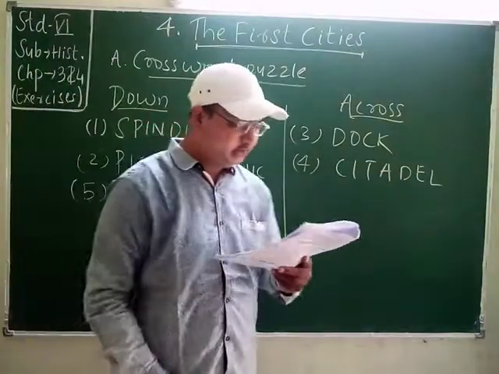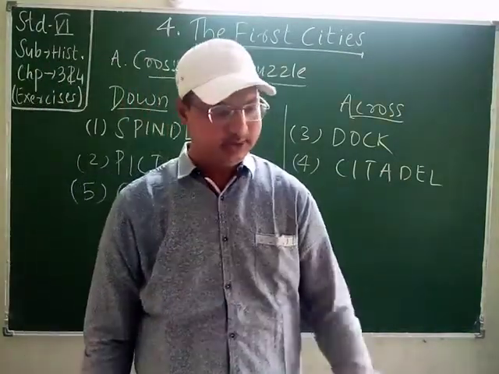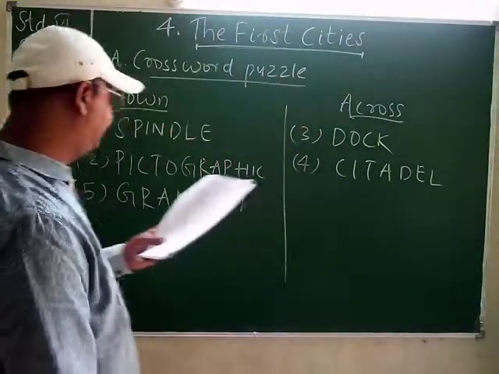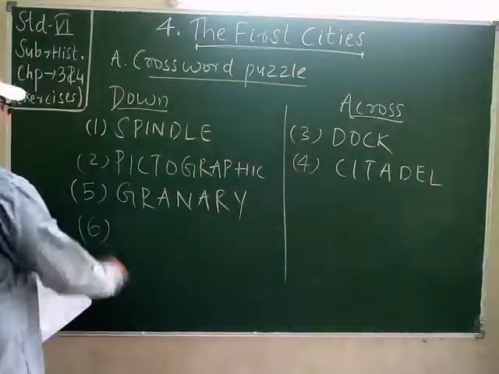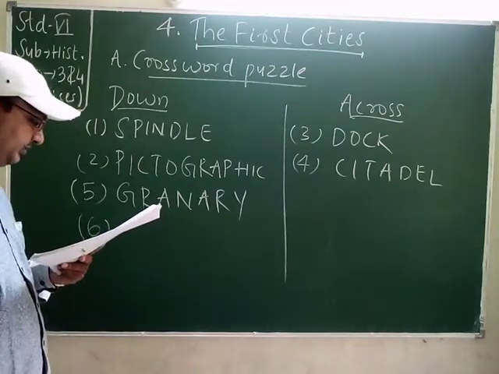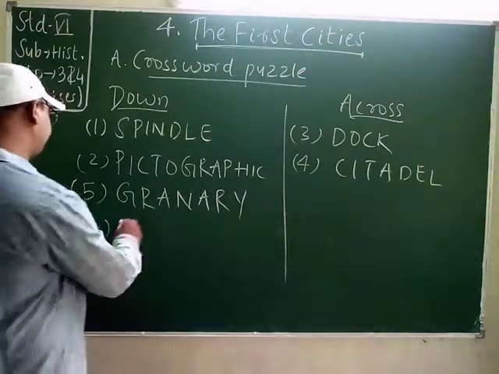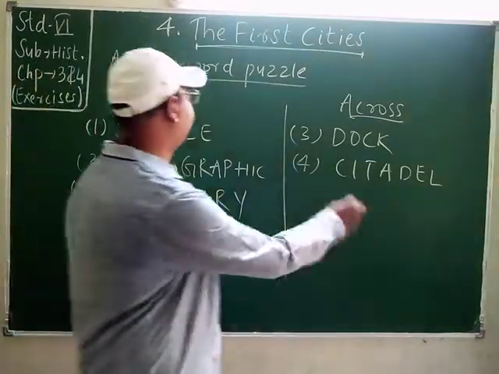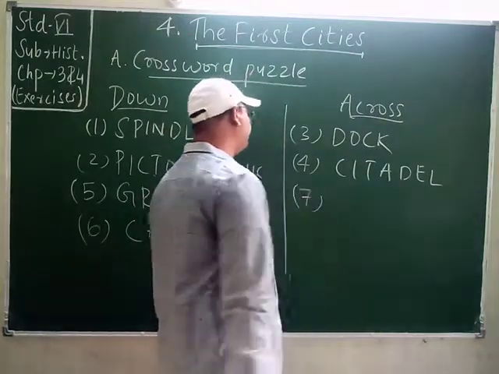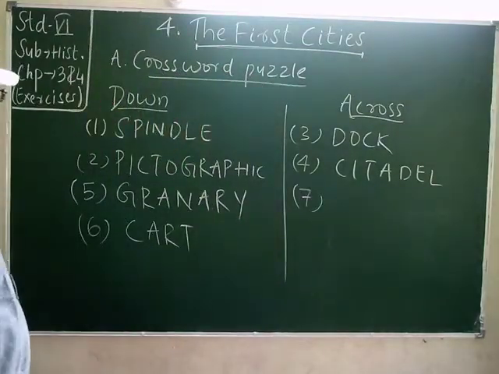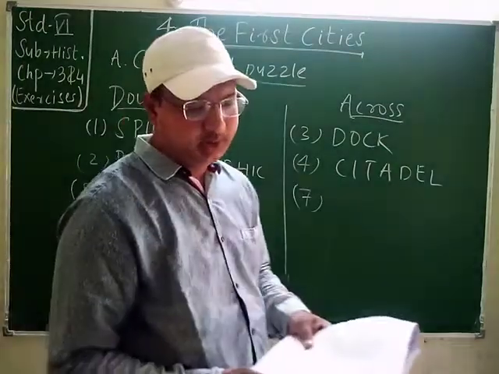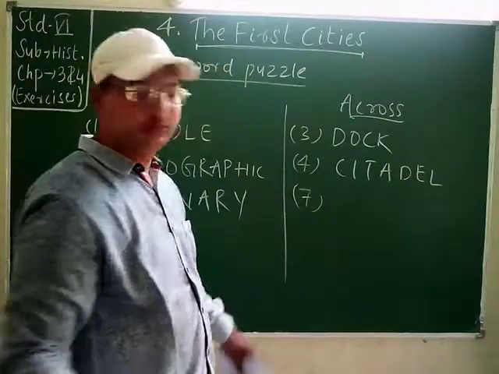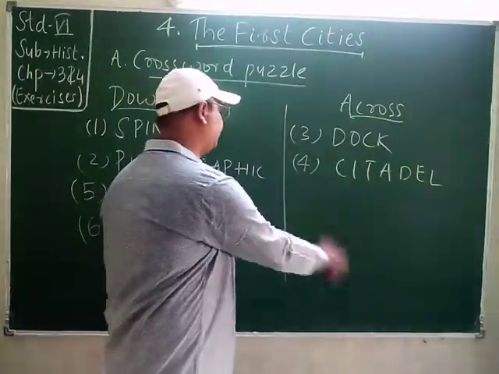Then students, number 6. Number 6 is also in the down section. Mode of transport for inland travel. How were they traveling from one place to another? Number 6, that is cart. Sorry students, we have to write number 5 first.